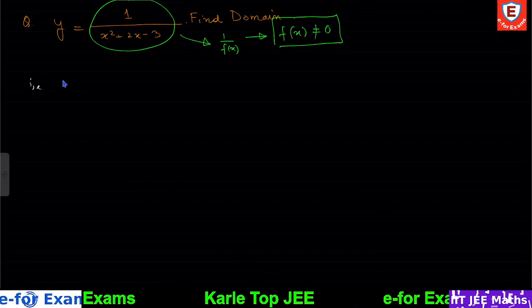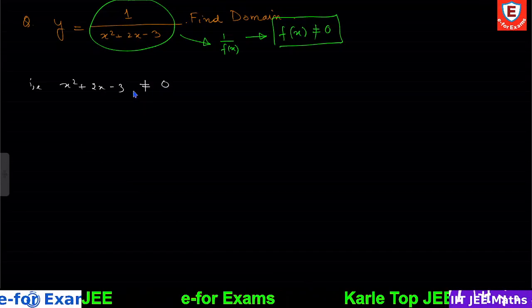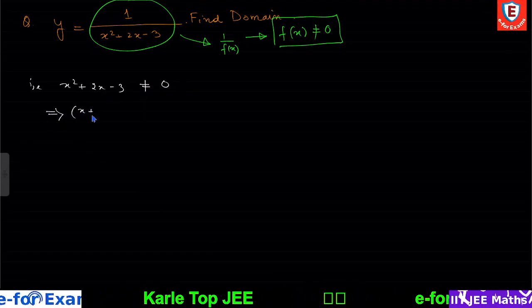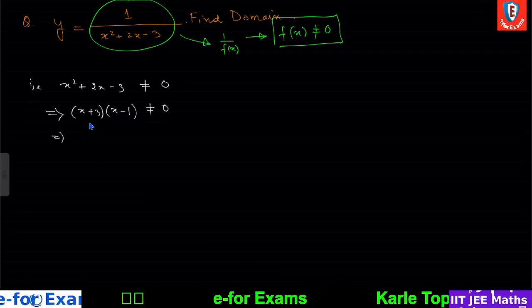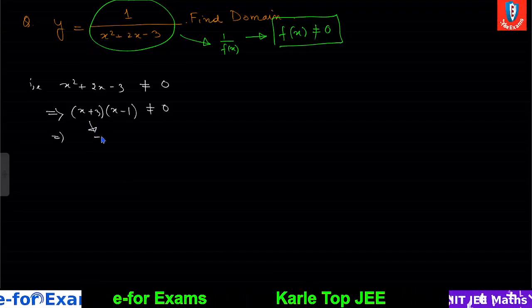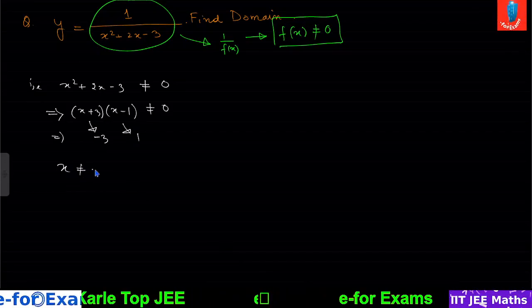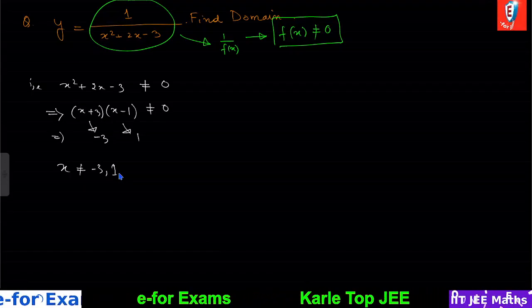That is 1 by this. That is x square plus 2x minus 3 should not be equal to 0. Right? This implies you can factorize this. x plus 3 into x minus 1 does not equal 0. This implies from here it is minus 3, from here it is 1. So x cannot be minus 3 or 1. Right?